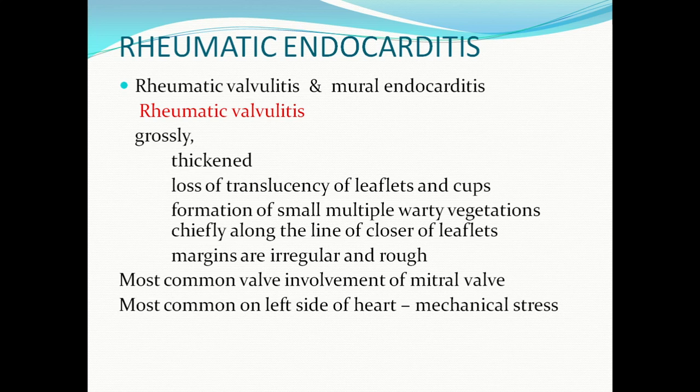So here it is very important to remember what type of lesions can occur in mitral valve. First the valve is thickened, the second is loss of translucency of the leaflets and cusps, and formation of abnormal growth in the form of vegetations along the line of closure of leaflets and margin.